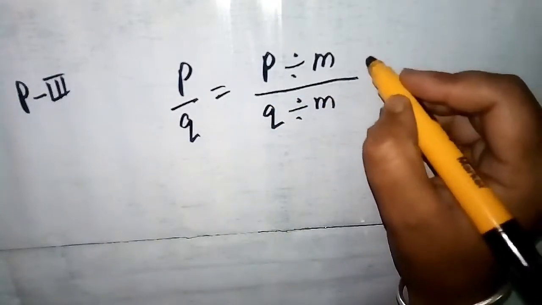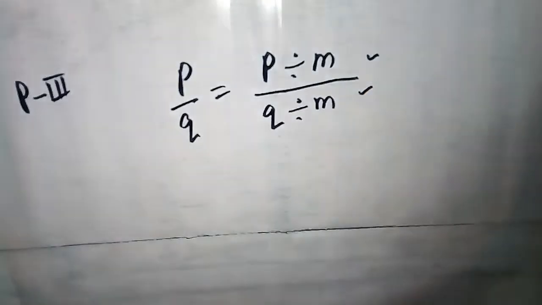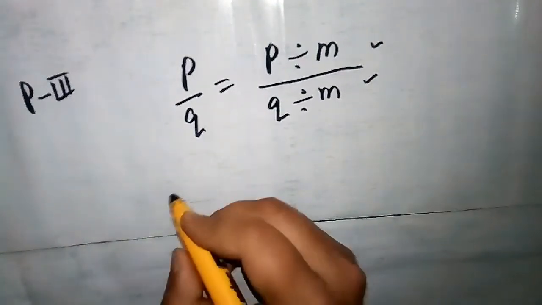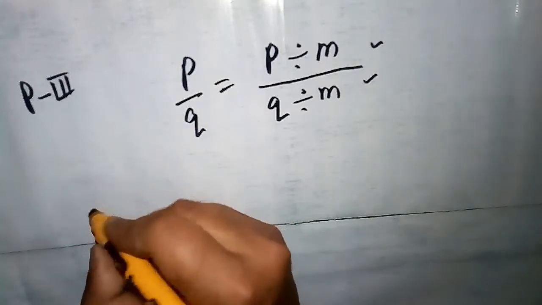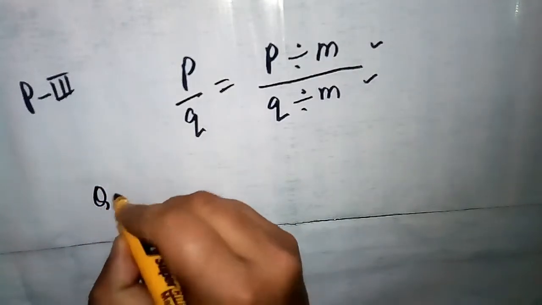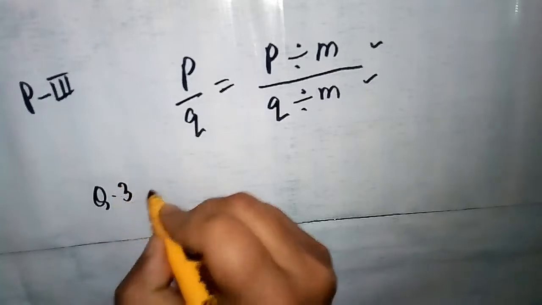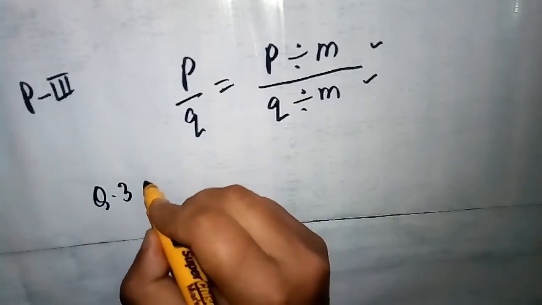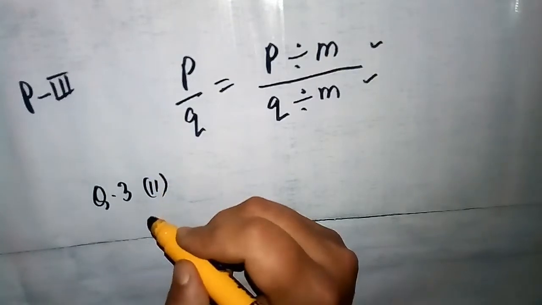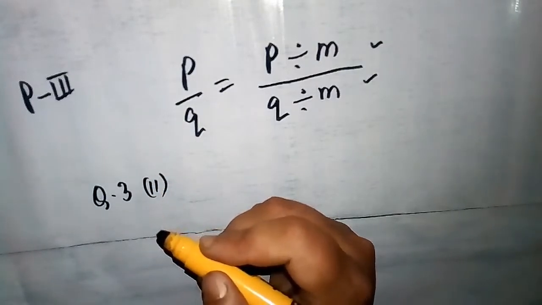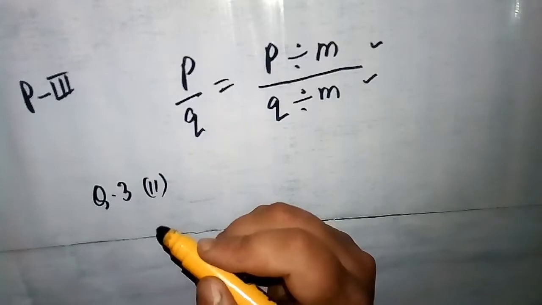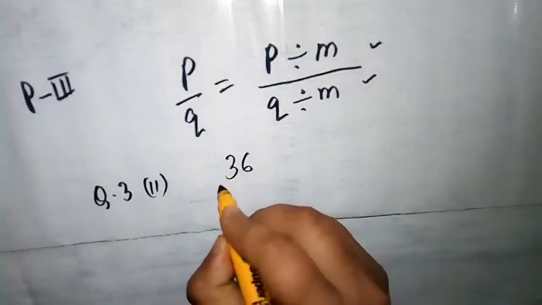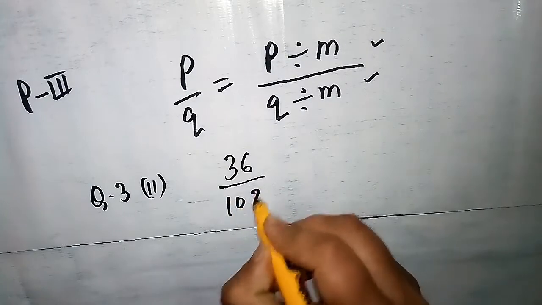Means if we divide numerator and denominator by the same number, we get an equal rational number. Let us see this also with the help of one example, and for that I am taking the second part of question number 3. That is 36/108.